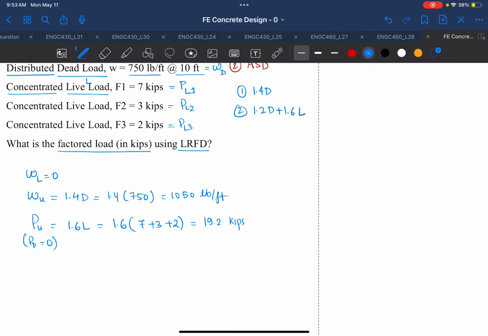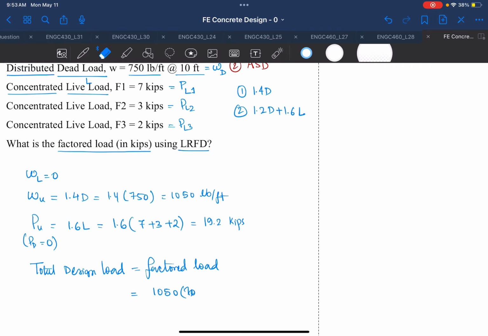And now we have to find the total design load, or factored load. Because it's asking in kips, we have to convert our distributed load also into kips. So in this case, it'll be 1050 times 10.